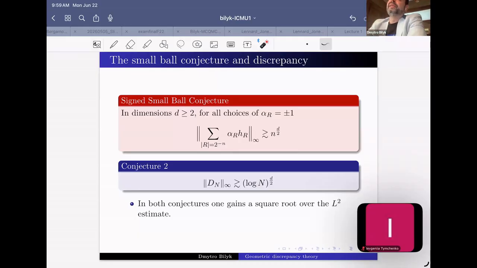So in both cases, you gain a square root over the L2 estimates. Since we know that this conjecture is sharp, it actually motivated the second conjecture for the discrepancy. In particular, these methods will only prove this bound. If we want to prove larger bounds, there should be completely different methods.